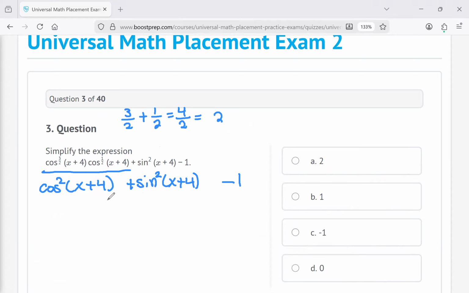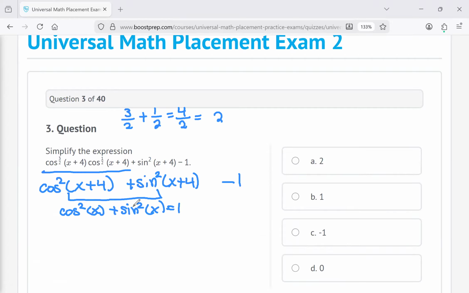Do you see any kind of identity we can use? Yes, I see a Pythagorean identity. You remember you've seen this before, cosine squared x plus sine squared of x equals 1. The only difference is our x is not x, it's x plus 4, but that's okay.